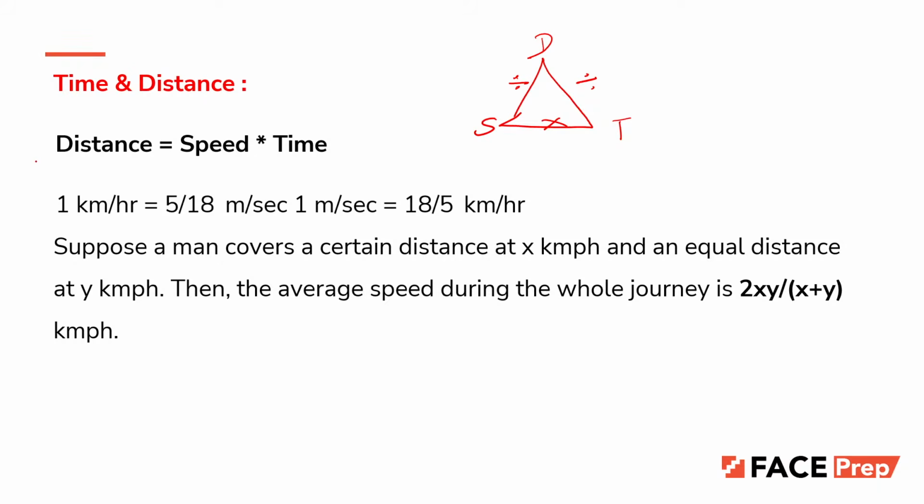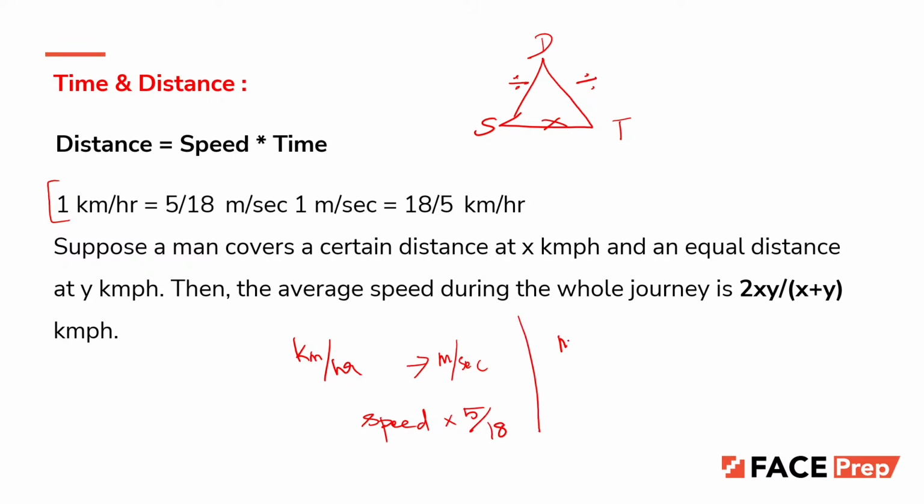Now the next part is, you may get a few questions with different data. Let's discuss. They've given you 1 kilometer per hour to meter per second. So that is conversion of units. If you want to convert the unit kilometer per hour to meter per second, you may take that as speed into 5 by 18.